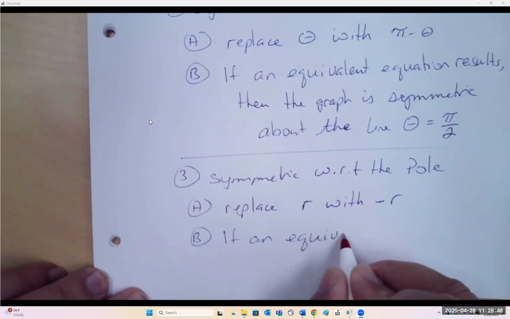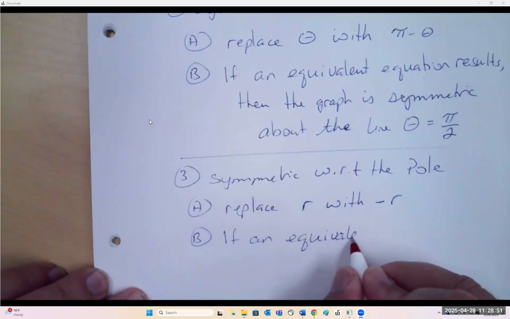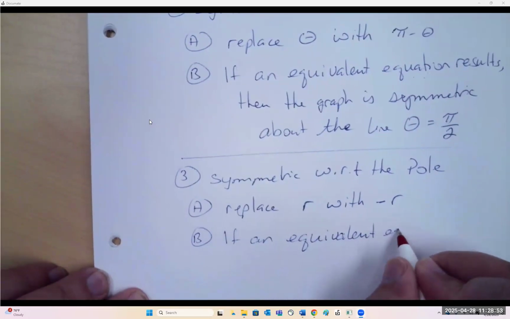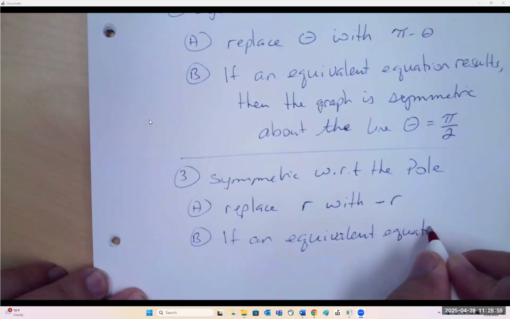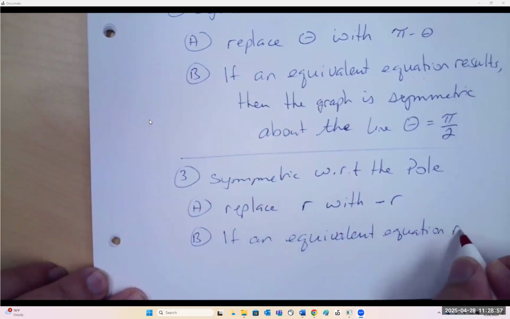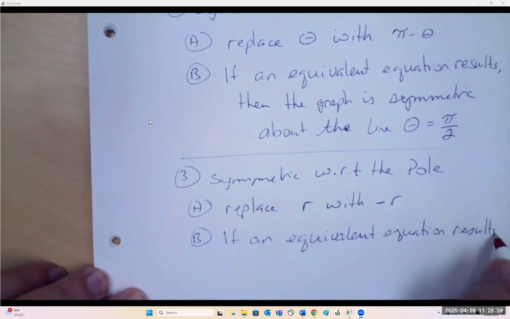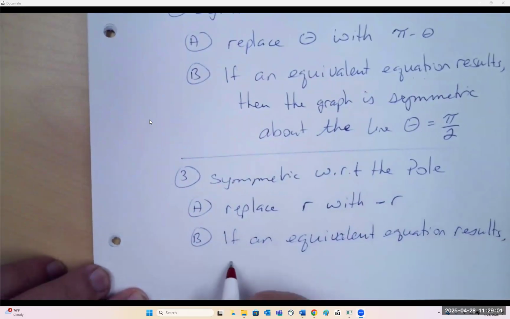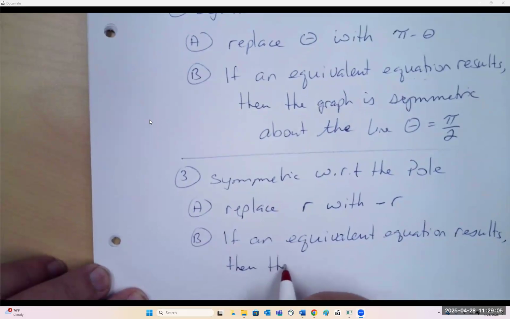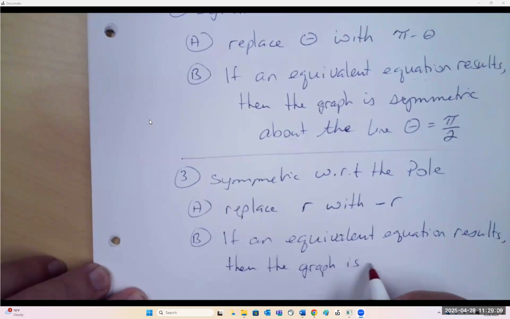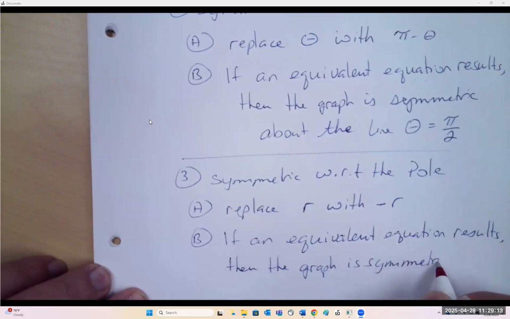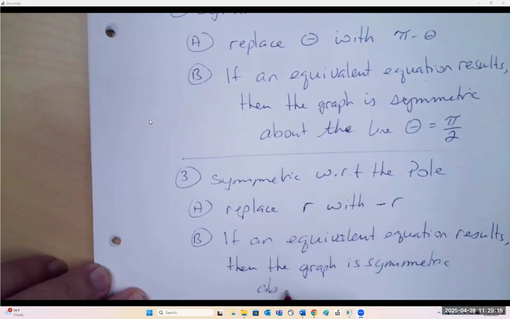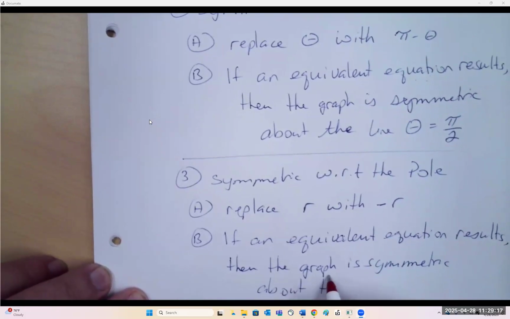If an equivalent equation results, then the graph is symmetric about the pole.